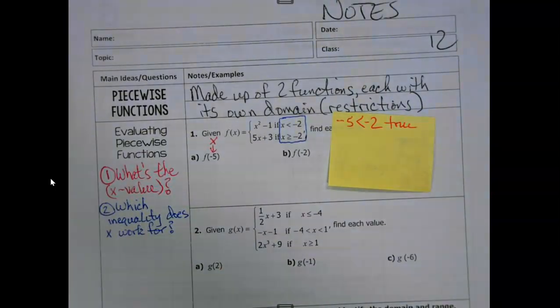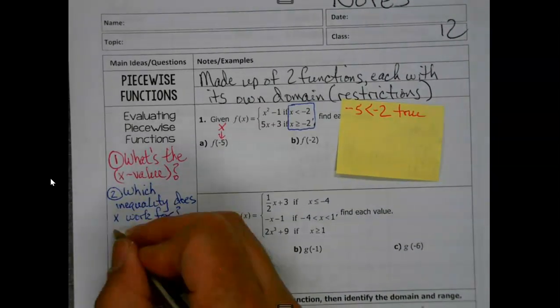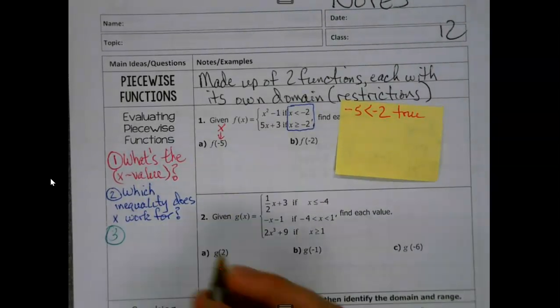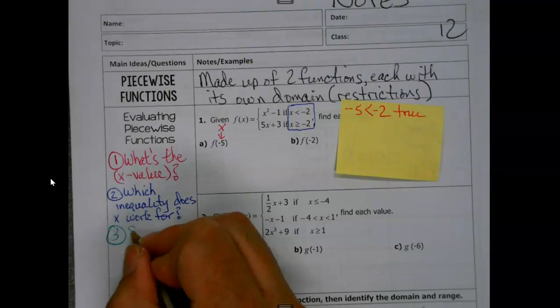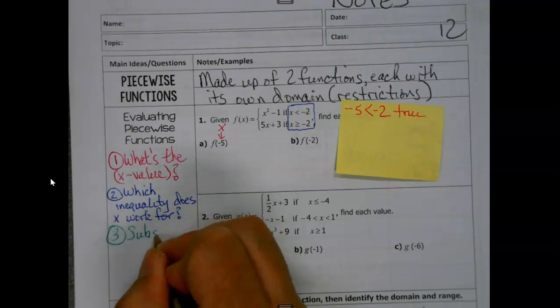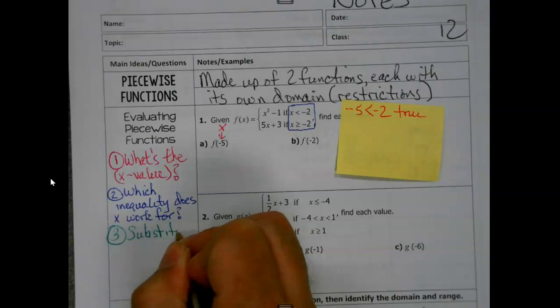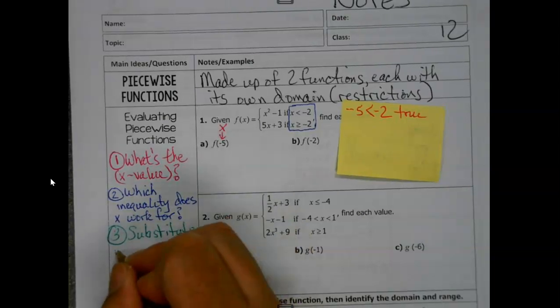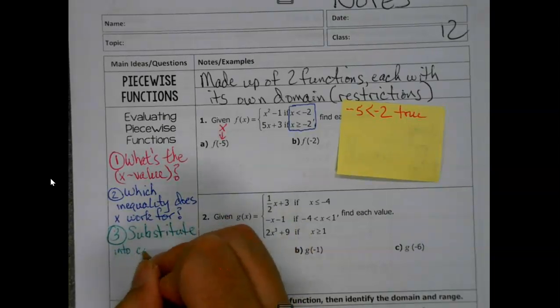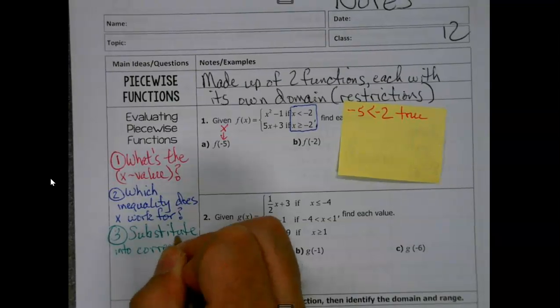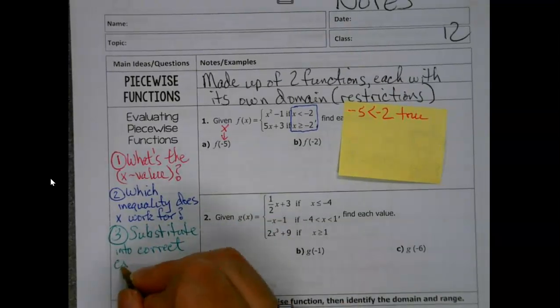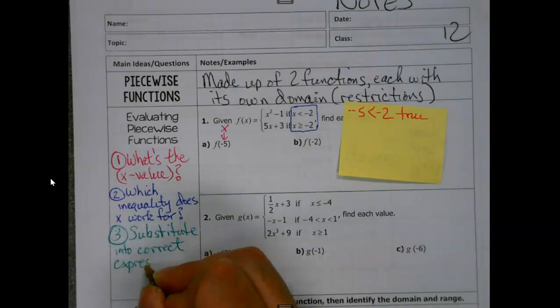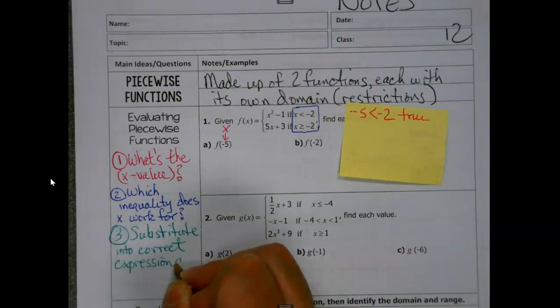So what does that mean? This is the last part. We're almost there. Never think there'd be this much work for one problem. We're going to substitute the correct expression and solve it.